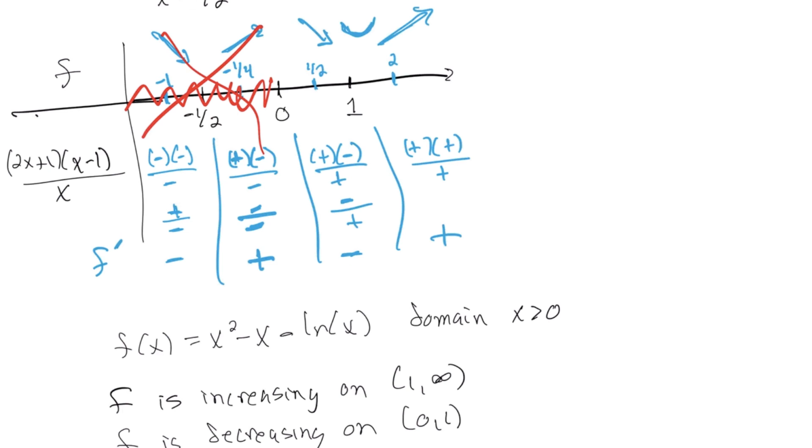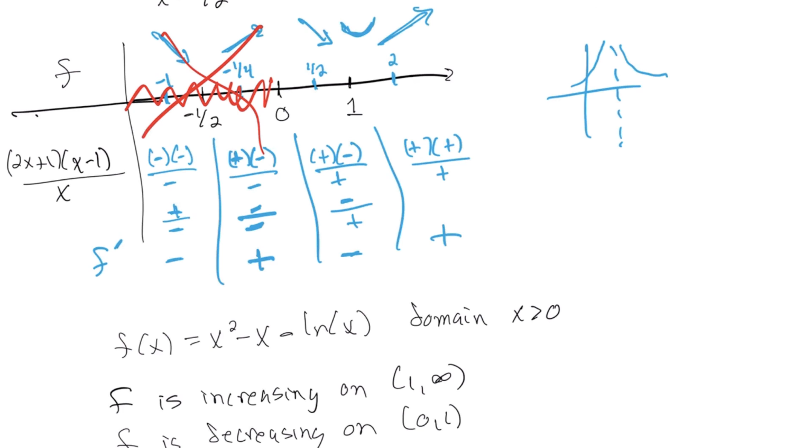Right? Think about that for a second. X equals 1 could be a vertical asymptote, and it was one of my critical values. My function could change from increasing to decreasing at that vertical asymptote, but I wouldn't have a max or min value there. So I just want to be careful that when I'm testing whether x equals 1 is a max or min value, I just want to make sure my function is defined there. And in this case, it is.